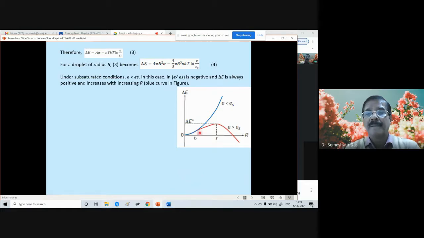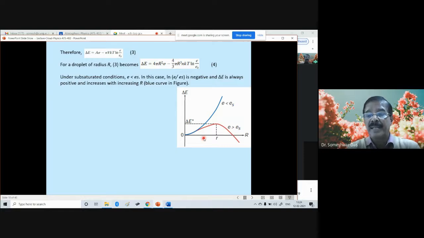When the air is in subsaturated condition, that means when E is less than ES, in this diagram, in the y-axis we show the delta E, and in the x-axis we show the radius.